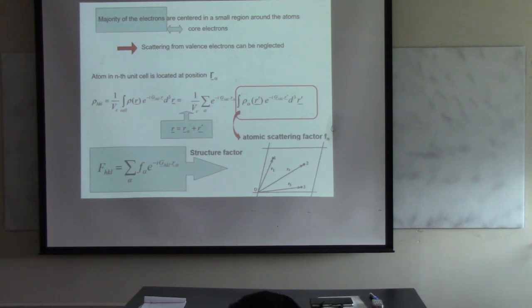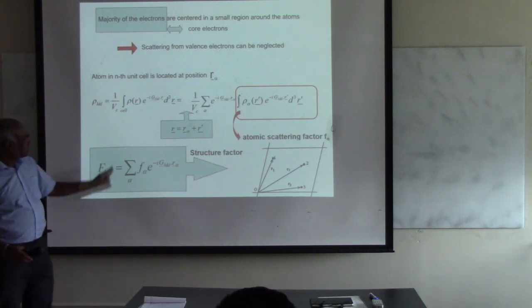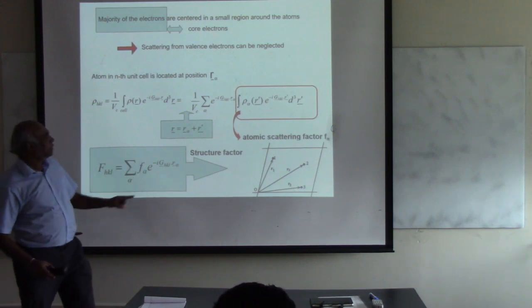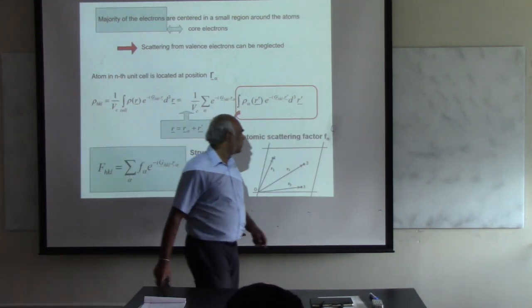But if you have the same atom, your f can be the same for every atom. So then the intensity would be basically |F_HKL| squared. So we call this one the structure factor. This one is called the atomic form factor, the scattering factor.